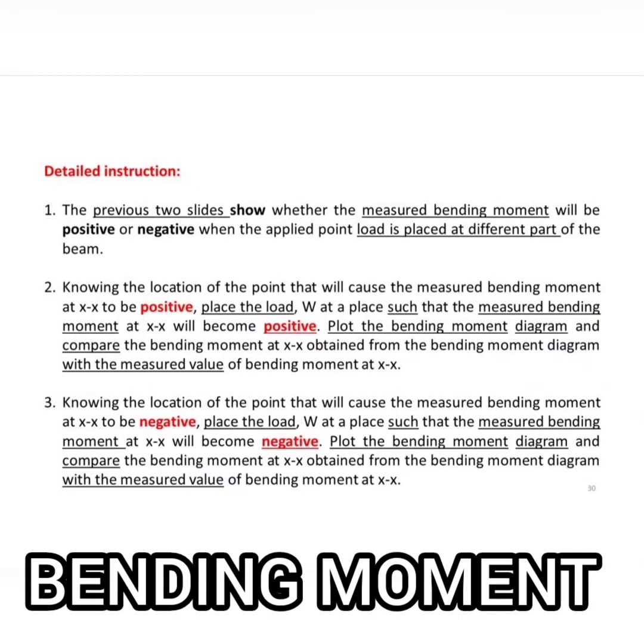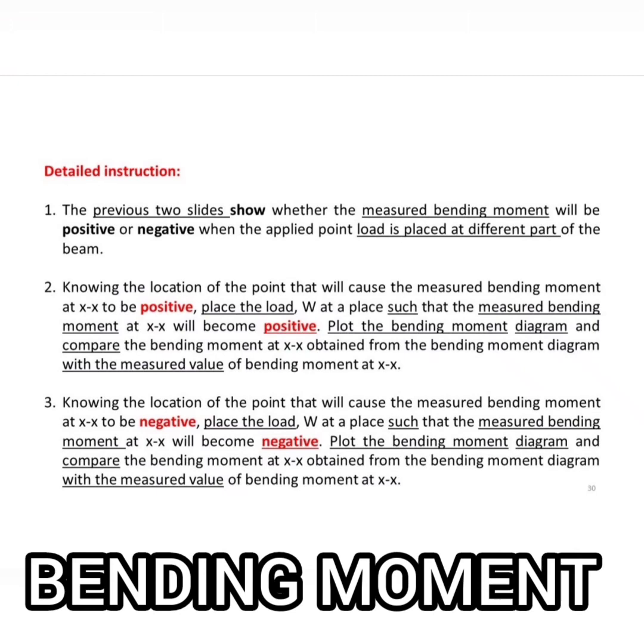Detailed instruction for bending moment. First, the previous 2 slides show whether the measured bending moment will be positive or negative when the applied point load is placed at different parts of the beam.